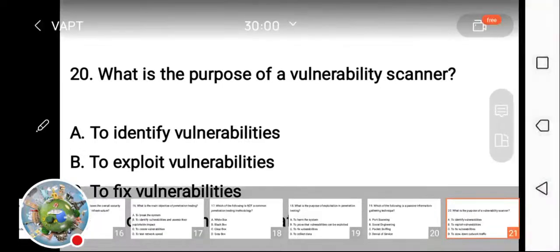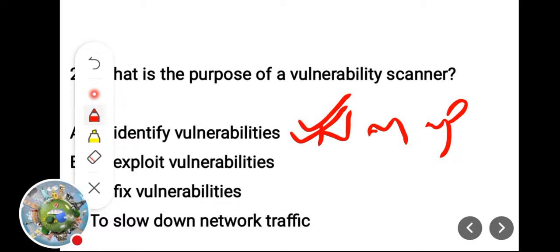A vulnerability scanner, for example nmap, the network mapper. By using the network mapper, we can identify existing and known vulnerabilities in the network or application. So the answer will be A, to identify vulnerabilities.